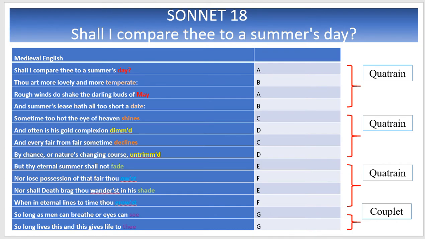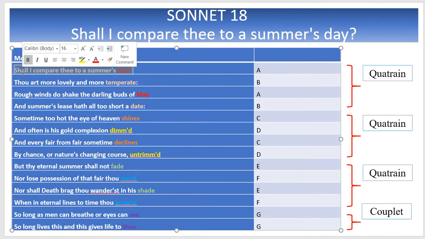When we look at the sonnet, the first line, "Shall I compare thee to a summer's day?", ends in "day", which takes the rhyme A. Then "Thou art more lovely and more temperate" gives us the second rhyme, B. Let's move to the third line: "Rough winds do shake the darling buds of May."